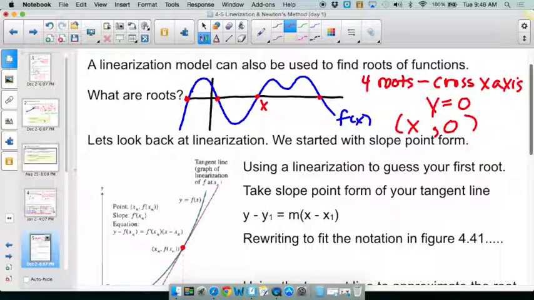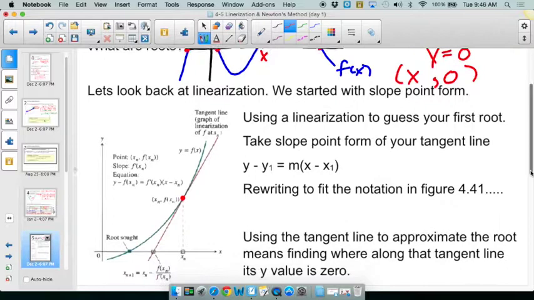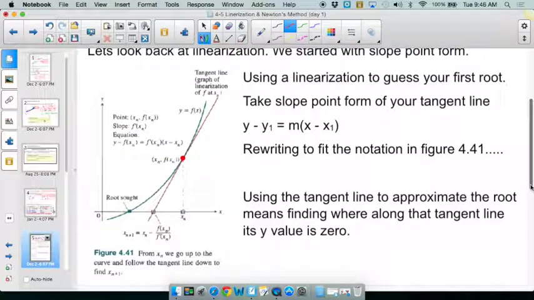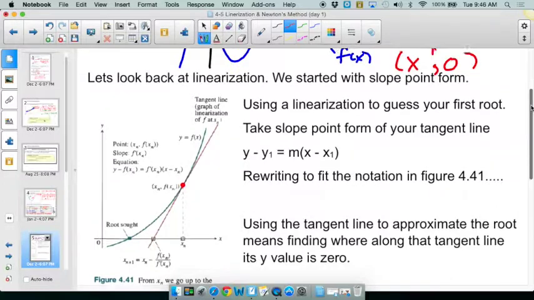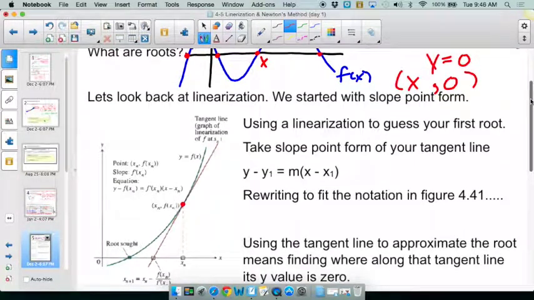So we can use linearization as a means to guess that root, without having to do anything fancy with factoring. We can just literally take a look at the picture and say, this value is close to 4, so I'm going to guess 4 and go through this process.